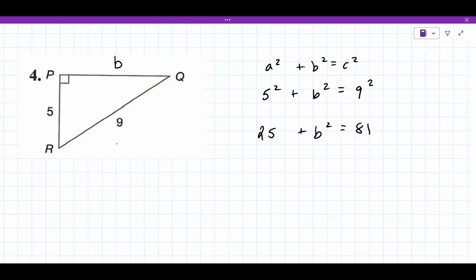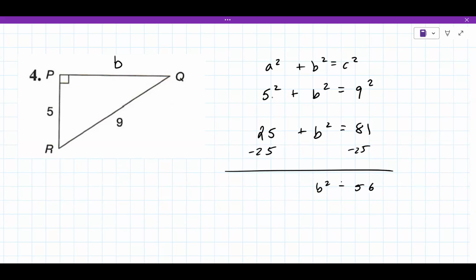It's very important to make sure the legs are A and B. You're going to subtract 25 from both sides. B squared equals 56.